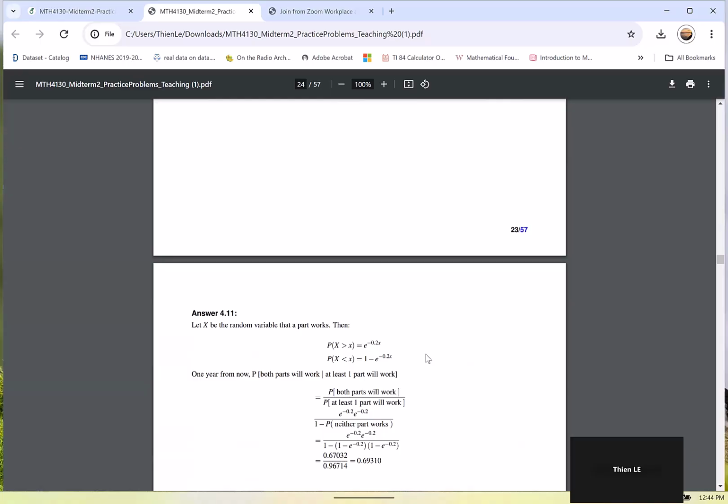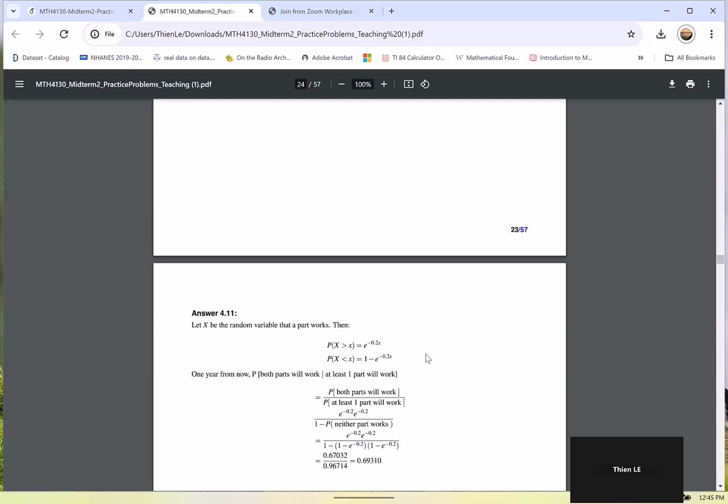This is just a basic property, the CDF of the exponential. We can use it except if we ask you to prove it, and then you need to provide the proof. But otherwise, you just use it as a commonly used formula, and this is why we allow you to bring a one-page formula sheet in the exam, right?